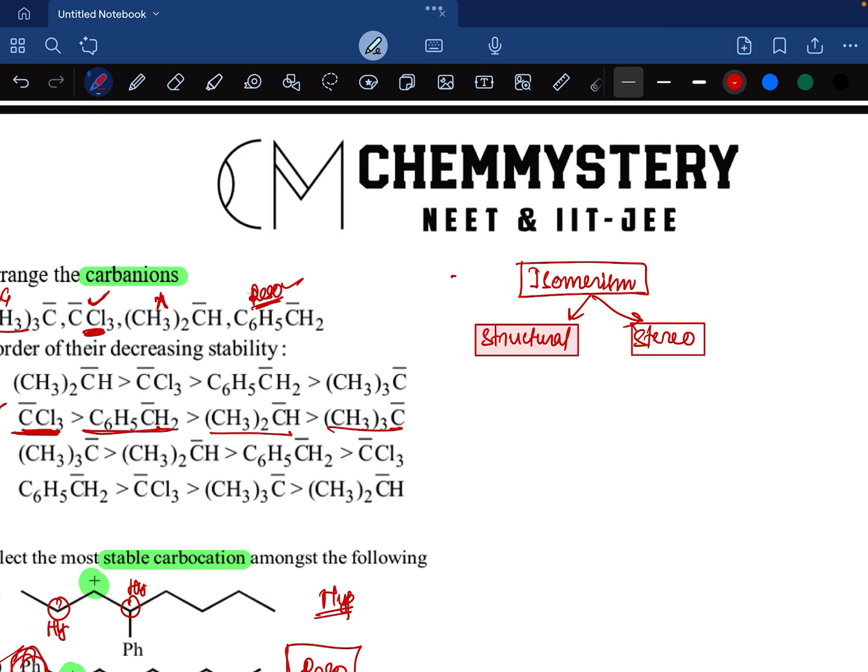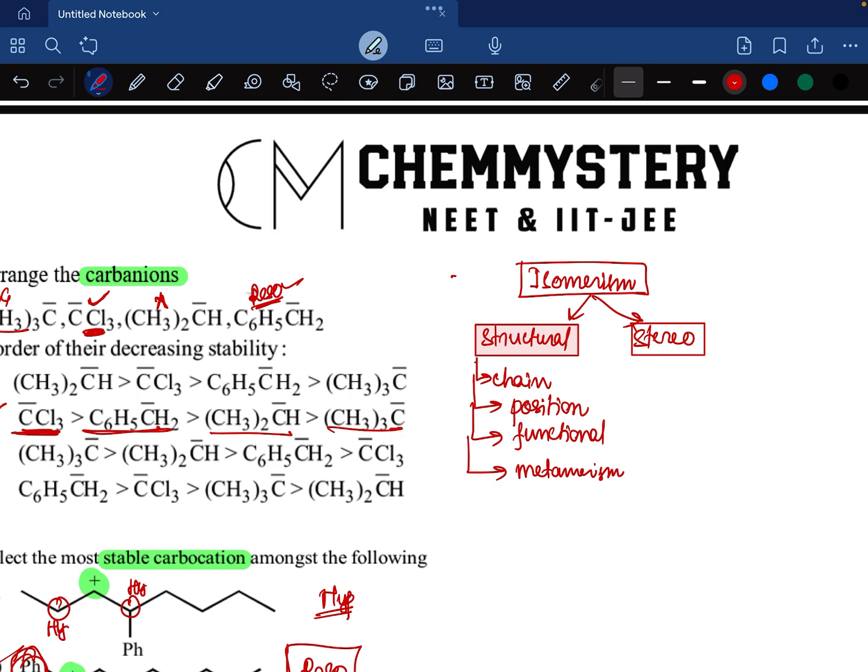Structural isomerism, what have we seen? We have seen questions on chain isomerism, on position isomerism, on functional isomerism, and on metamerism.